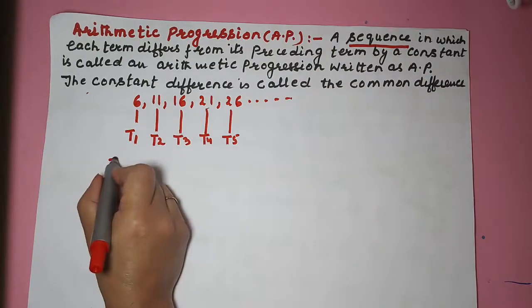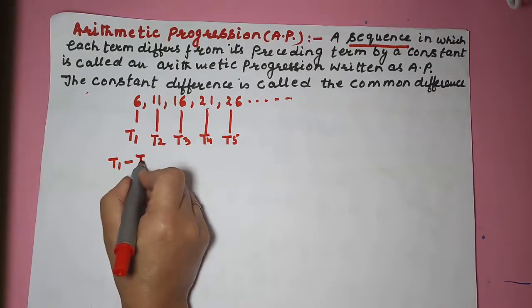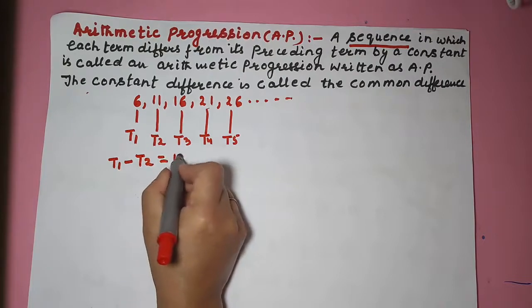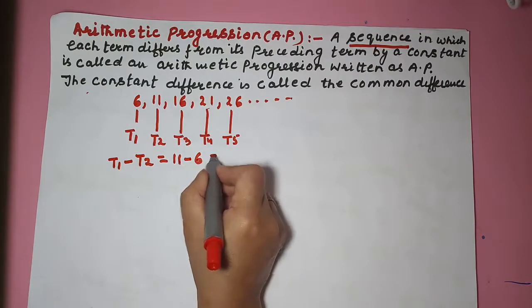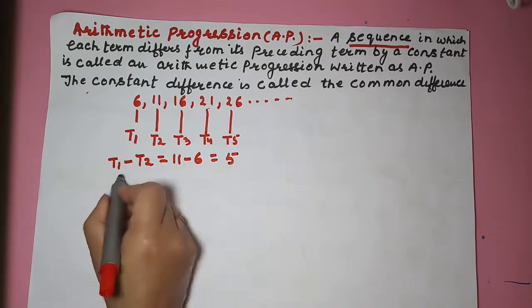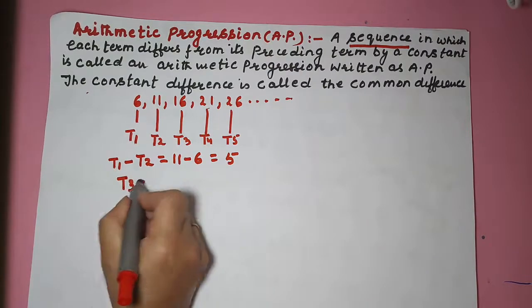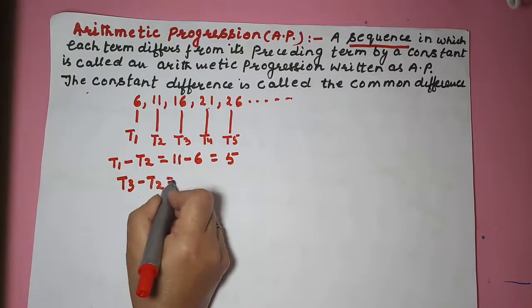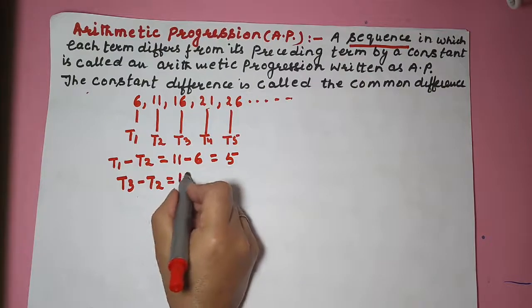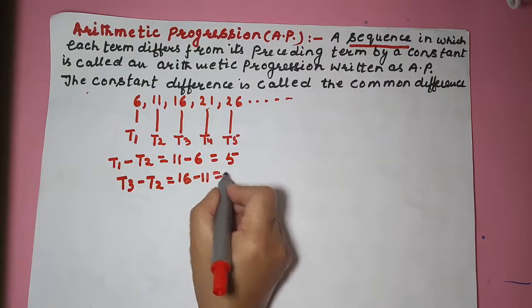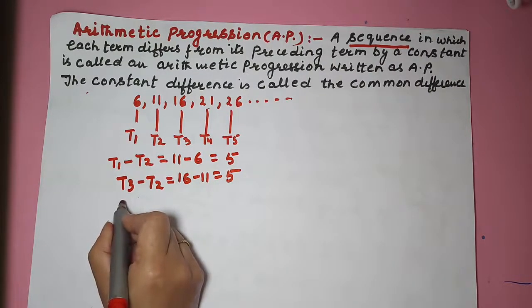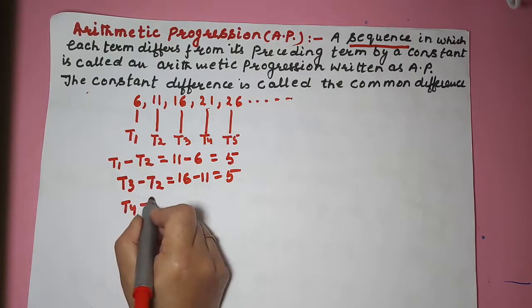Let's calculate T2 minus T1. How much is that? 11 minus 6. Is that 5? Let's calculate T3 minus T2. How much is that? 16 minus 11. Is that 5? Yes. Let's calculate T4 minus T3.